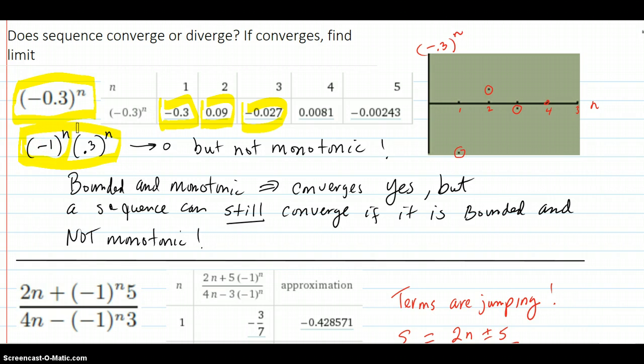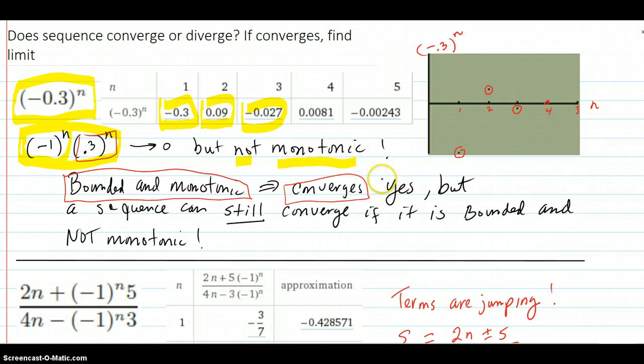So the sequence is definitely not monotonic. Remember we saw that if a sequence was bounded and monotonic, then that implied that it had to converge.